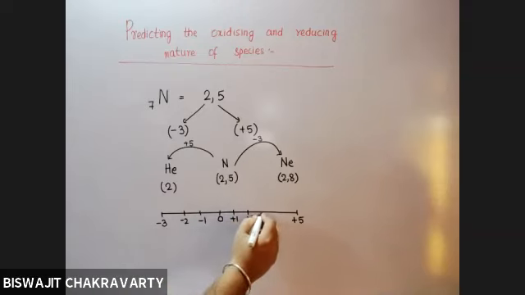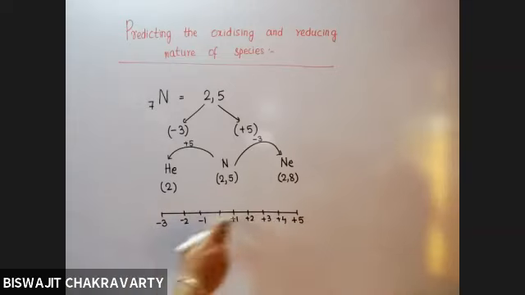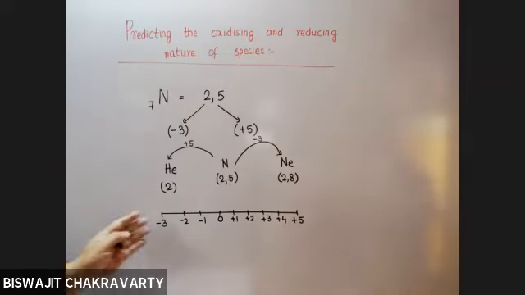Yes, sir. Okay. So it can show oxidation states of -3 to +5 only. It cannot go towards the left hand side. It cannot go towards the right hand side. So if it is asked whether nitrogen can show an oxidation state of +6, the answer will be no. Can nitrogen show an oxidation state of -4? The answer will be no. Understood or not?